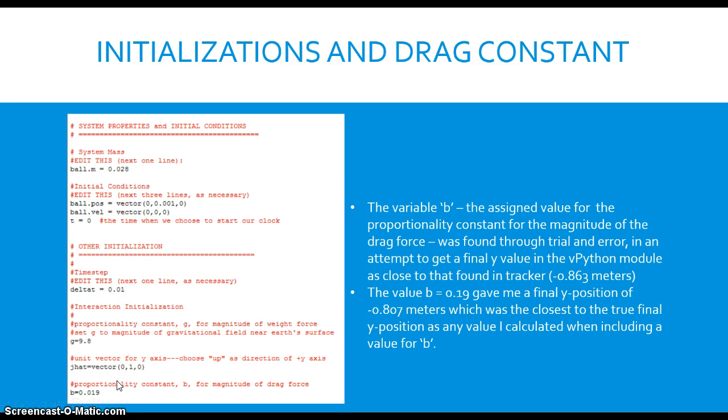So it was found through trial and error in an attempt to get a final y value in the VPython module as close to that found in Tracker. So I would run the module with a value of b, and the closer I got to the final y position observed in Tracker, the more accurate value for b it would be.